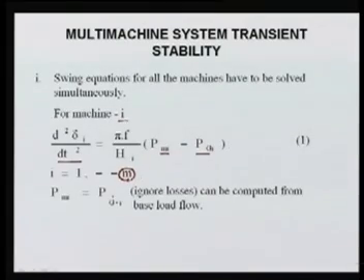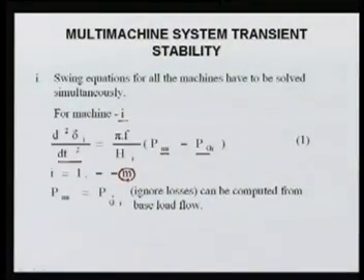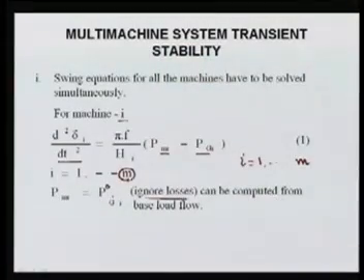So we have to write the differential equation. This is a second order differential equation, where i starts from 1 to m, so we have to write m equations. Now PMi is equal to PG0i, that is the initial power generation obtained from the load flow ignoring the losses in the system.